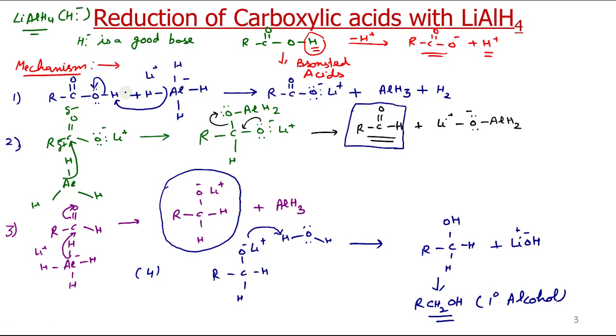So it first abstracts a proton and you get a lithium carboxylate. From now onwards the reaction is the same. First is addition of H negative and it rearranges to give you aldehyde, and the reduction mechanism of aldehyde we have already discussed in our previous lecture. It is exactly similar and the product is primary alcohol.